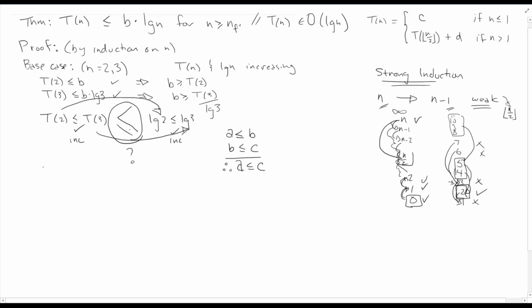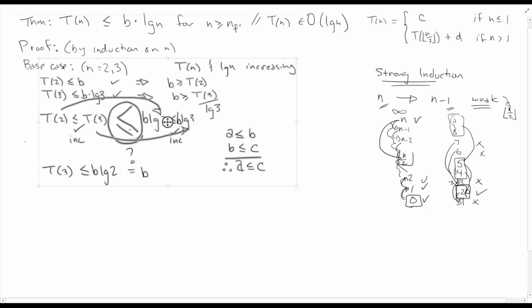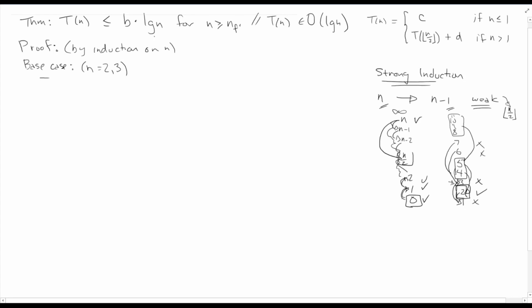So to do that, we need to show that t of 3 is less than or equal to, oops, I forgot my b's here. There should be a b here. B log 2, which again, remember, was just b itself. So I'm going to take all that work that I just did there and compress it into a single statement here.